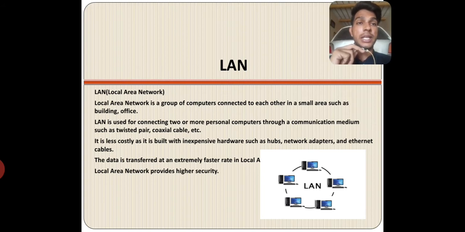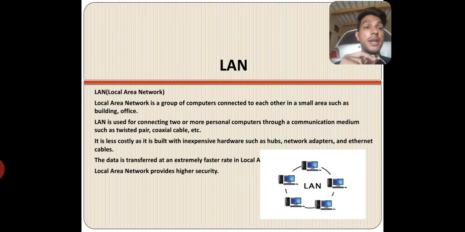LAN is used for connecting 2 or more personal computers through a communication medium such as twisted pair, coaxial cable, etc. It is less costly as it is built with inexpensive hardware such as hubs, network adapters, and Ethernet cables. The data is transferred at an extremely faster rate in local area network. Local area network provides higher security, and this is the diagram you can see here, local area network.